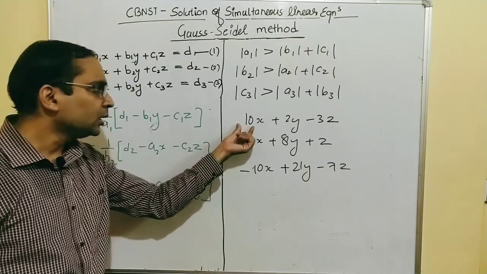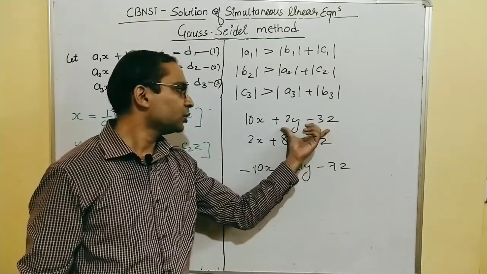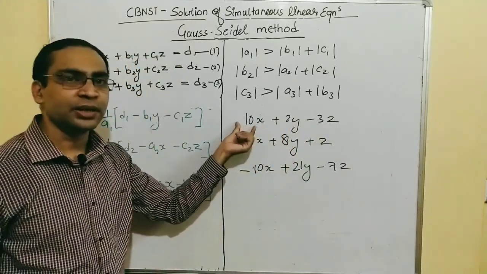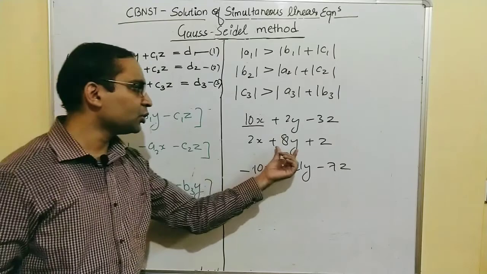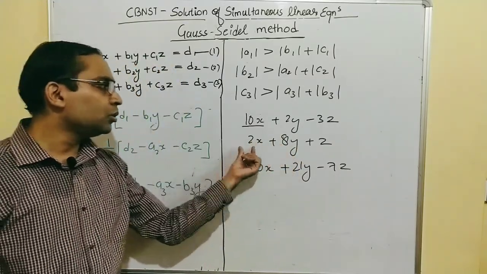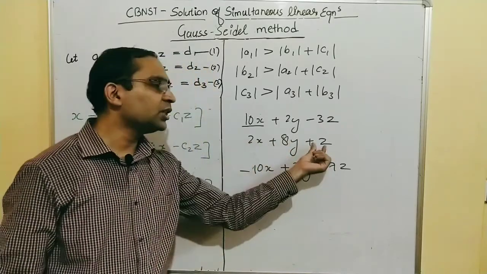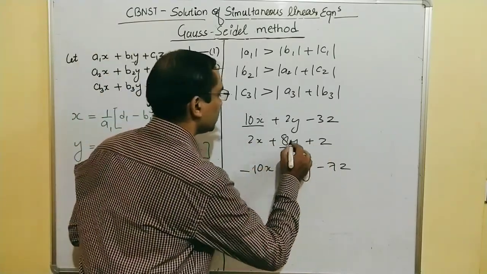So 10 should be greater than the sum of 2 plus 3, that is 5, and obviously 10 is greater. So here this term is dominating. In the second equation, the term of y should dominate. This is 8, and we can see 2 and 1. So 2 plus 1 is 3. Obviously 8 is greater than 3. So here this term is dominating.